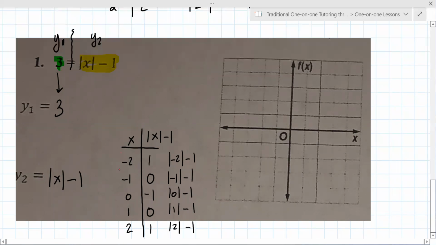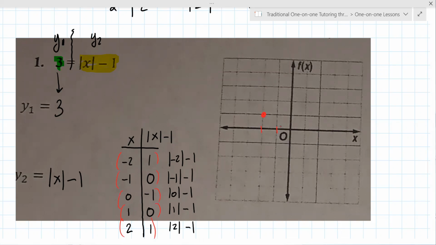So let's do those in red here on the right. These are your ordered pairs. -2, 1, left 2, up 1. Good. -1, 0 is just left 1. 0, -1 is down here.